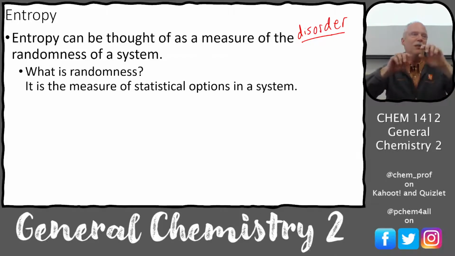That's the one with the most ways to come up with that condition. So a puzzle missing half its pieces is the most disordered state, the highest entropy. Now you have an understanding of how to measure randomness: it's the number of statistical ways you can come up with that situation.